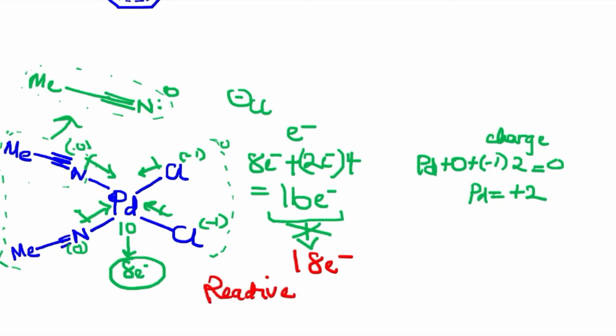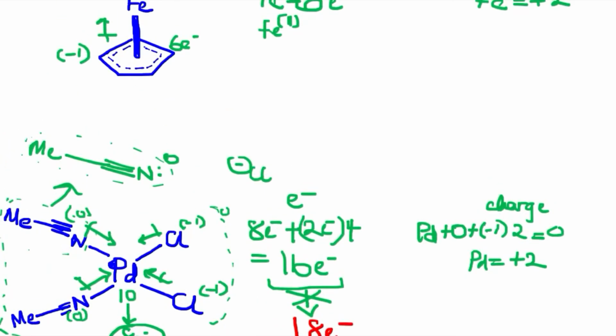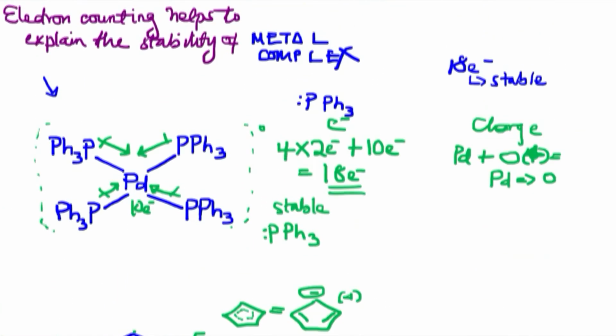So that being said, we have been able to differentiate and see the consequences between the stability and also the reactivity of a particular metal complex to the electron count, which is also based on the charge of each of these ligands right there. And this is applicable to all compounds or metal complexes.